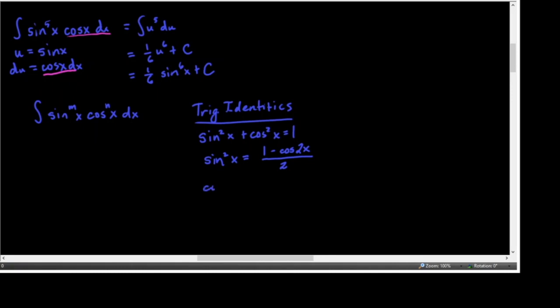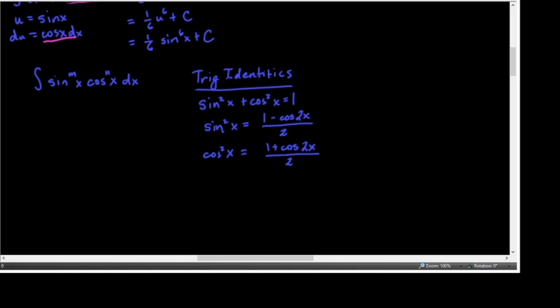And the power-reducing formula for cosine, to go from cosine squared, is 1 plus cosine of 2x, double the original angle, over 2. And so those are the identities that we will be employing in order to get something that looks like the integral to the left, so that we can use the power rule. That's kind of the big idea here.